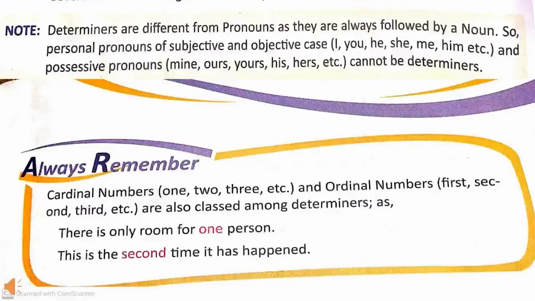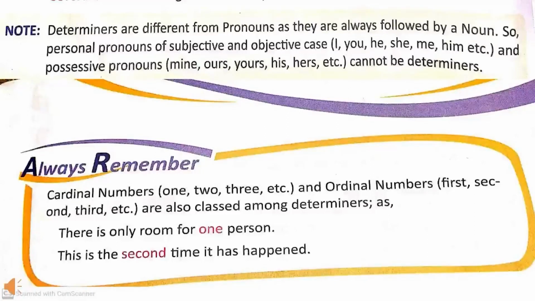Class, cardinal numbers, 1, 2, 3, 4, 5, etc., and ordinal numbers, first, second, third, fourth, etc., are also classed among determiners. For example, there is only room for one person.